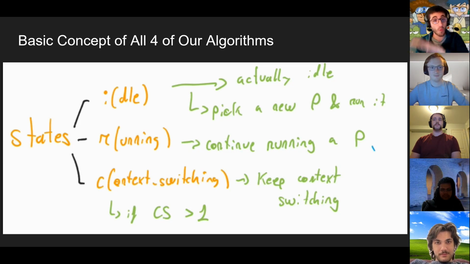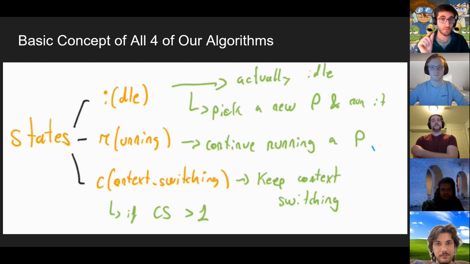Then it could either be running or context switching. But there's a caveat: it will only ever be running or context switching if it has to run something or context switch for more than one time unit, 1 second. Otherwise, because immediately after we are going to pick a new process anyway, we just stay in the idle state, which is the pick-a-new-process state.